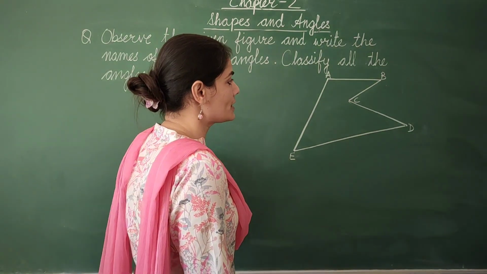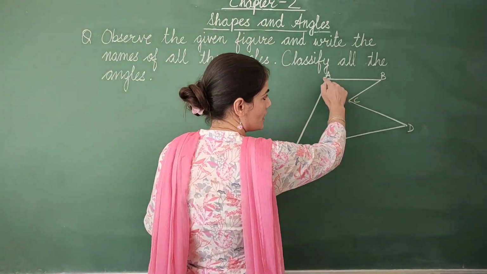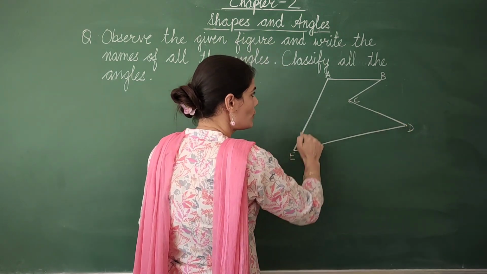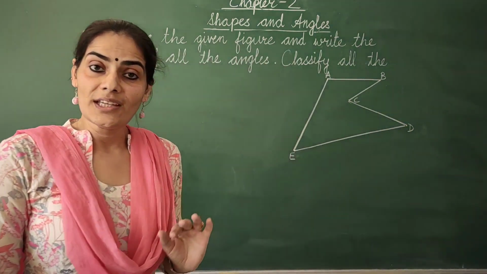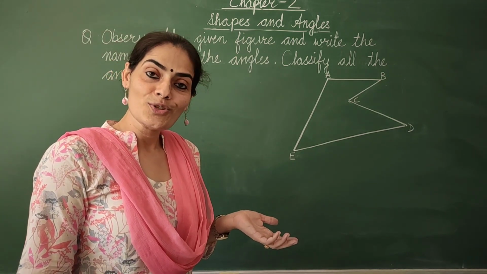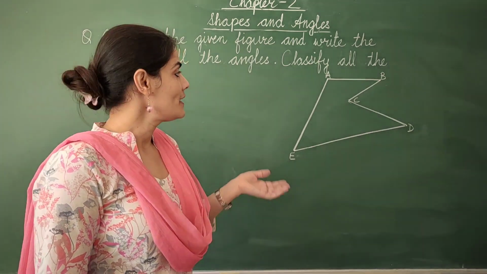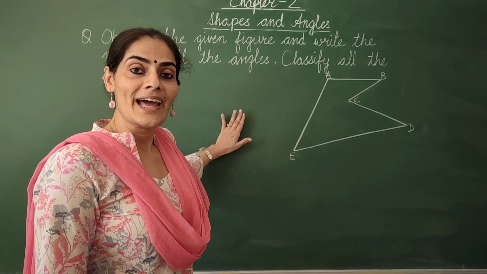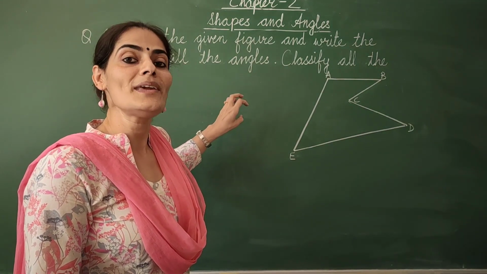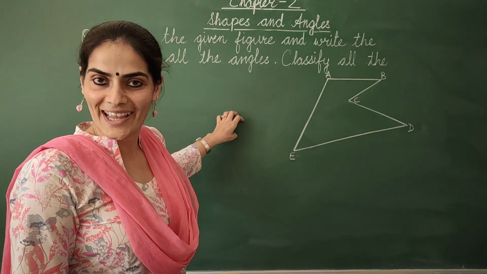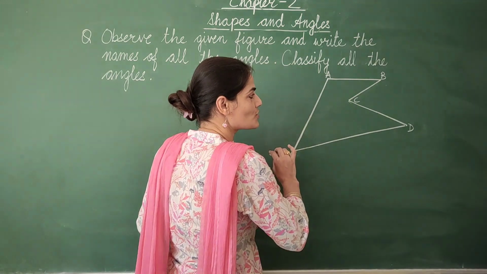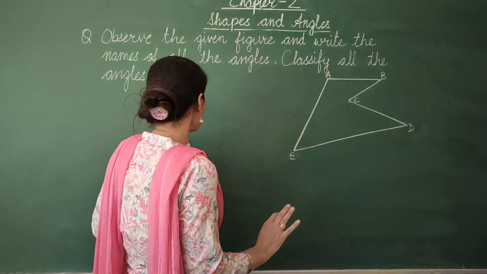And it is a polygon having 5 sides. 1, 2, 3, 4, 5. That shows how many angles are going to be there in this pentagon. If a polygon has a given number of sides, the number of angles will be equal to the number of sides. Fine. So, this pentagon is going to have 5 angles.